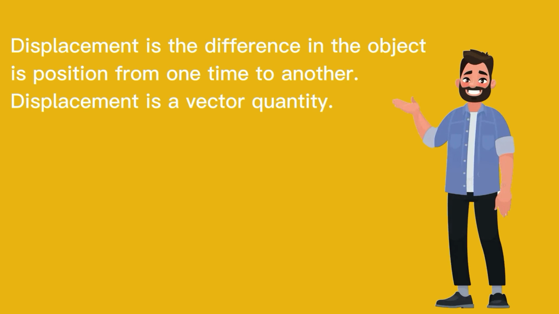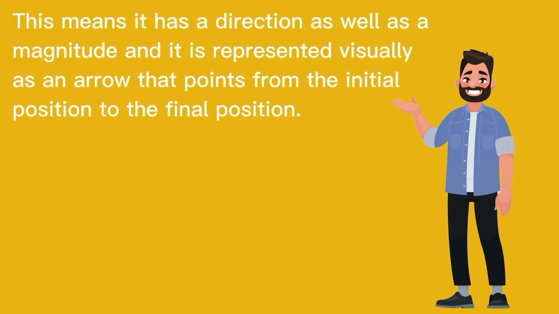Displacement is the difference in the object's position from one time to another. And displacement is a vector. That means it has a direction as well as a magnitude. It is represented visually as an arrow that points from the initial position to the final position.